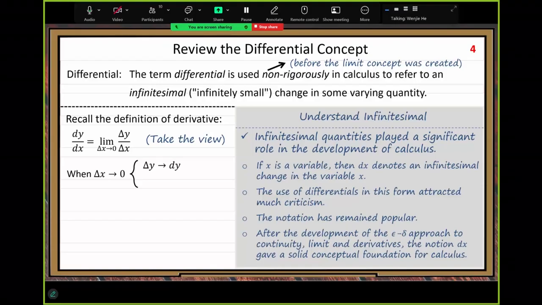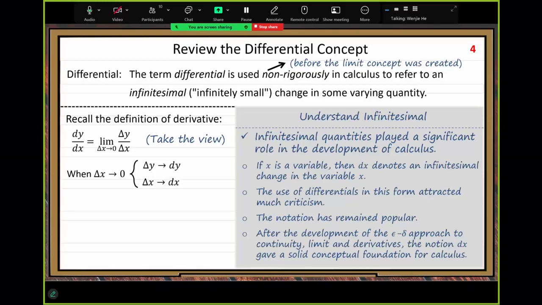That expression is dy, and delta x goes to dx. That representation, dy dx, but they are never zero.